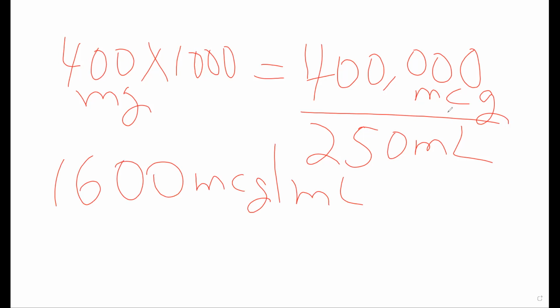Then I took 75 because it's running at 75 mLs per hour. And I have to get to minutes. So you would divide your hour by 60. Okay. To get 1 minute, you're also going to divide the 75 by 60.